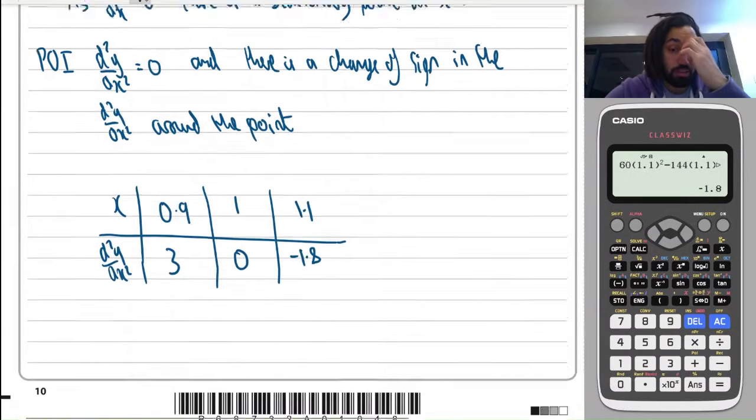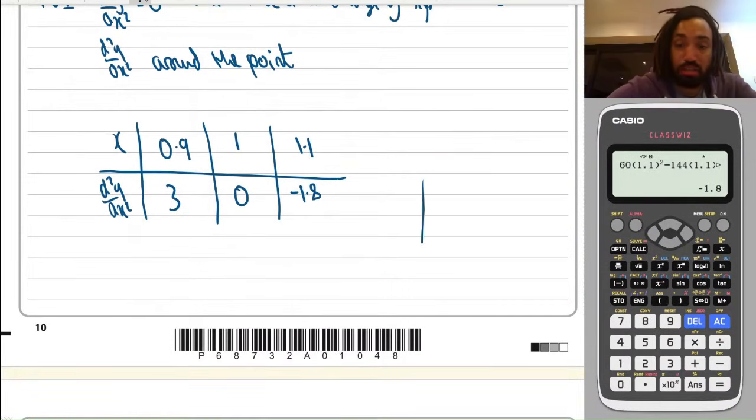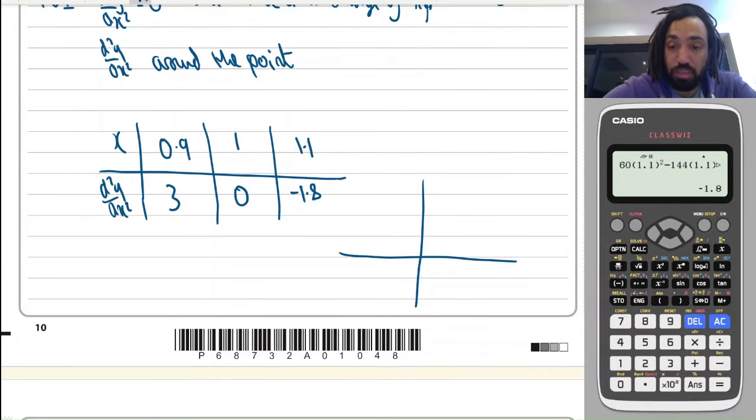Negative 1.8. That's fantastic. So what does that actually show? Just quickly, it shows that at x equals 1, there was some sort of turning point there. And then we've got a positive second derivative, which means there is a type of minimum shape. So let's imagine the curve's coming down like this.